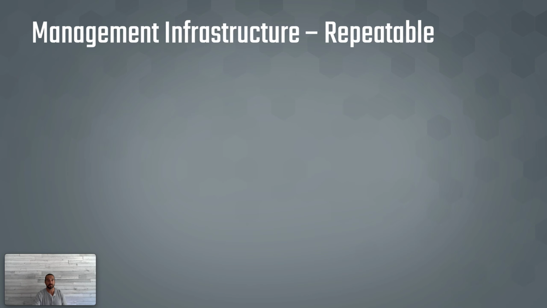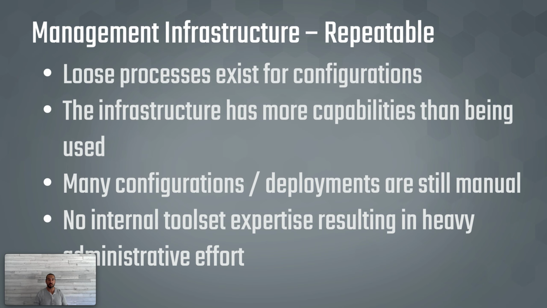In the management infrastructure repeatable phase, some examples of loose processes might exist for configurations. The infrastructure has a lot more capabilities than what it's being used for. Many configurations or deployments are still very manual, and oftentimes the internal toolset expertise can be lacking because they're generalists, right?